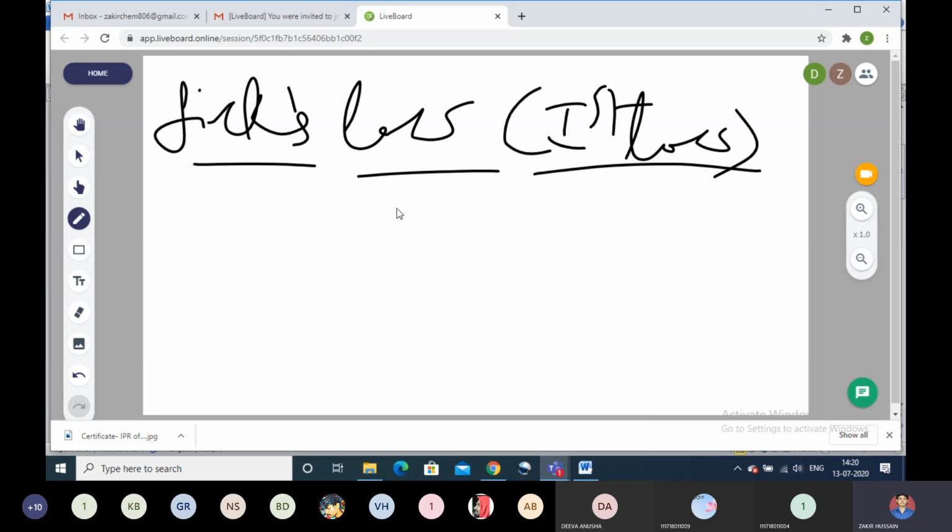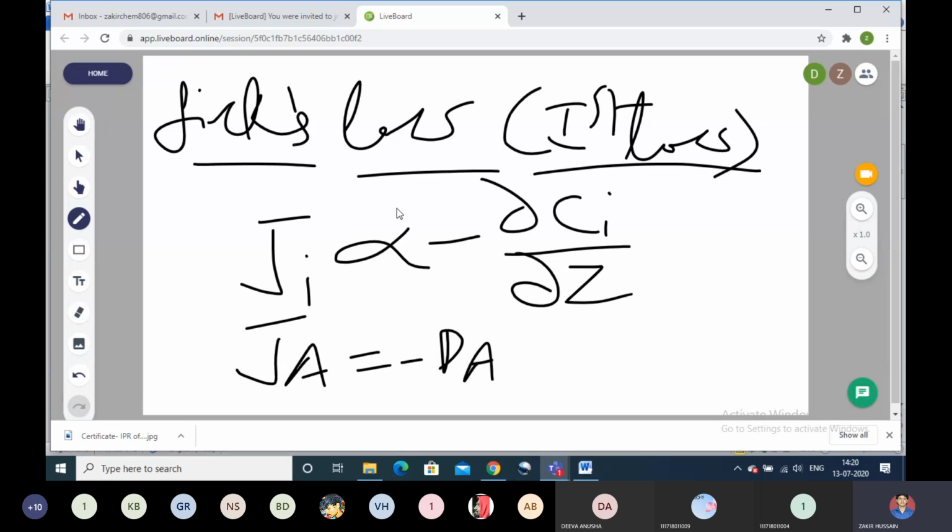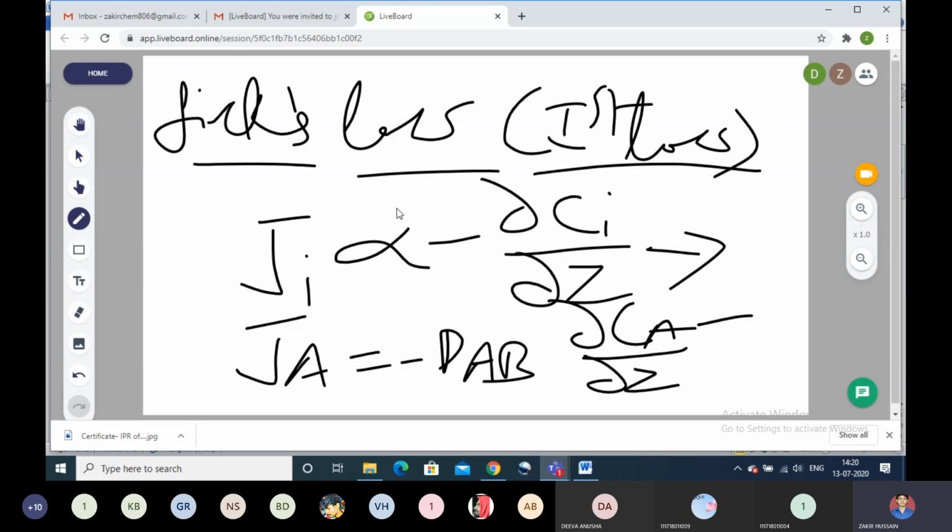So what is Fick's first law saying? ji is directly proportional to minus dou ci by dou z, or dou x or dou y, some direction. For component A, we can keep the proportionality constant DAB: JA is equal to minus DAB dou CA by dou Z. Take this as equation 2.